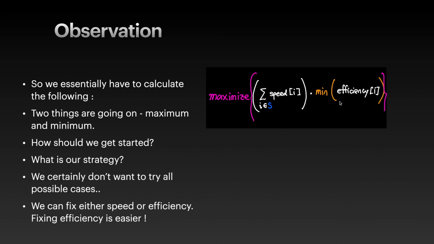Maybe we can fix the maximum, or maybe we can fix the minimum. Since we are dealing with the minimum here, maybe we can fix the efficiency. What do I mean by that? That's the key part. I think that's the hardest part, to see in this problem.